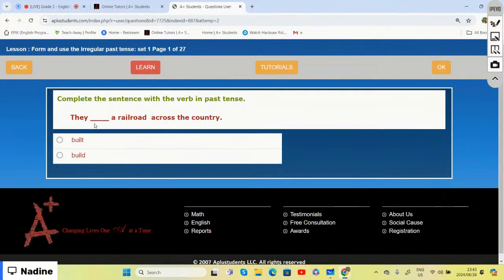It says they built with a T, or do we say they build a railroad across the country? So they built or they build a railroad across the country. We need to find the irregular past tense.